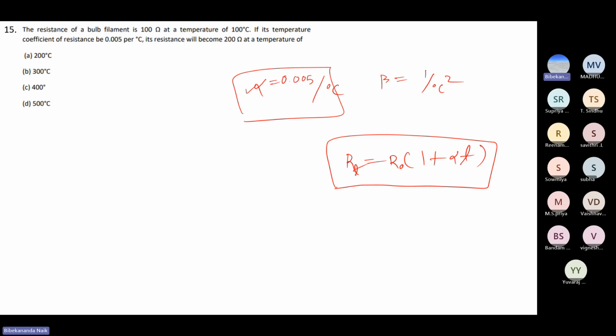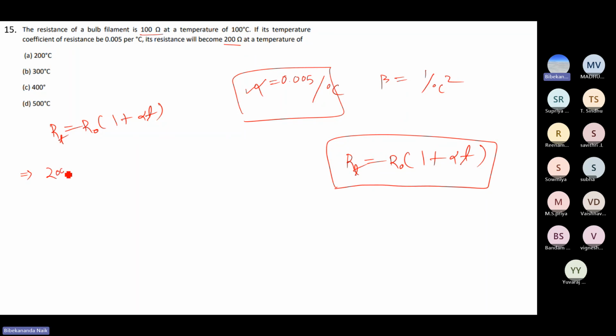So let's calculate. Anyone calculated? Let's calculate it because we know Rt equals R0 into 1 plus alpha t. It's given 200 ohm and 100 ohm.